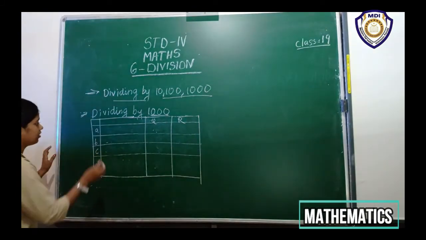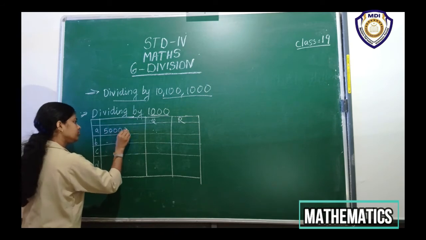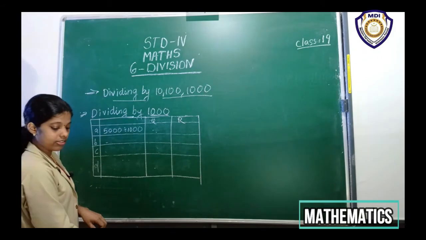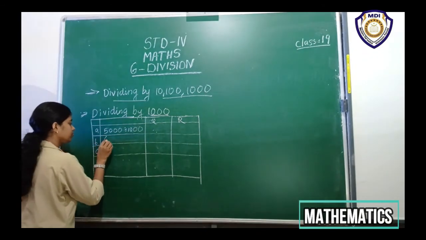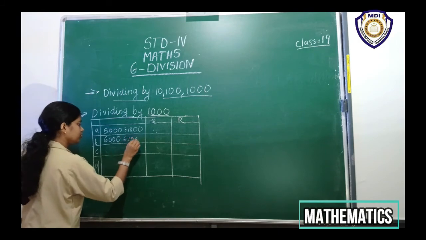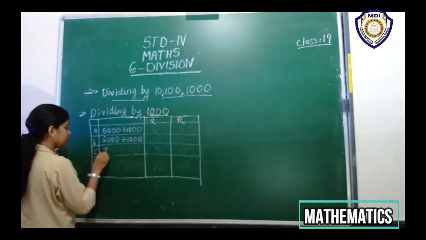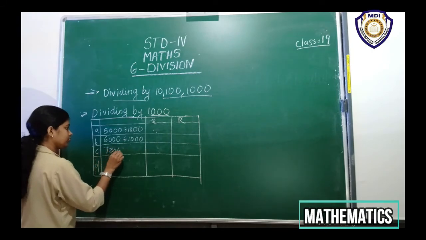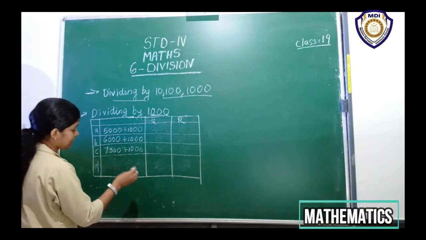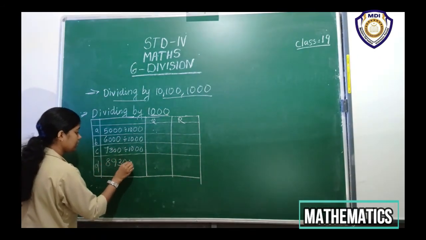First one, 5000 divided by 1000. Then 6000 divided by 1000, 7300 divided by 1000 and 8930 divided by 1000.